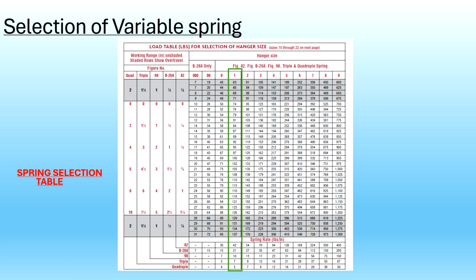At the same time we have to see the variation, that is, the working range displacement also. Based on this, we can finally select the size of the spring, which is numbered over here. These are the names given to it, and for this figure, this type and size of spring has to be selected. This is how we normally select based on the catalog.